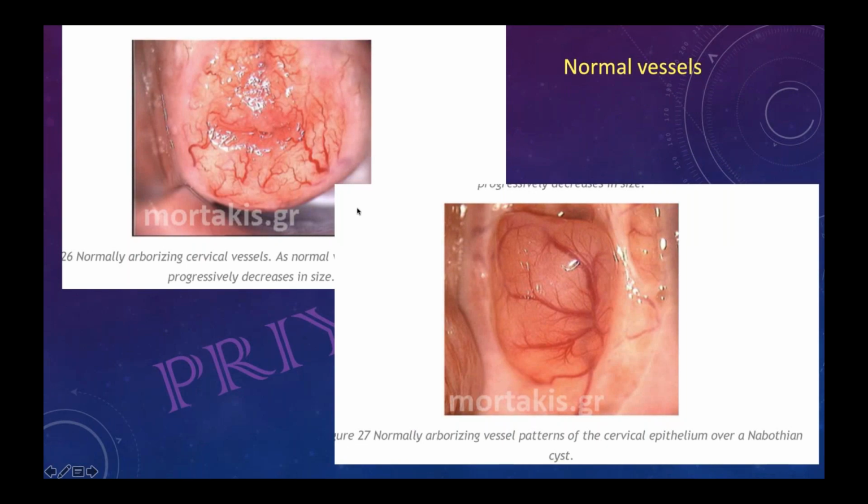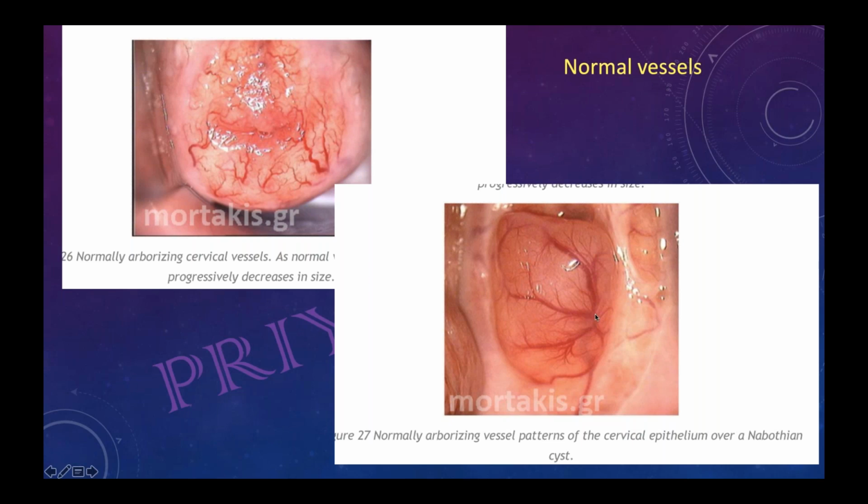Now also, what we see are the blood vessels on the cervix. How can we identify them? Usually this pattern is called the arborizing pattern, and this is normal.